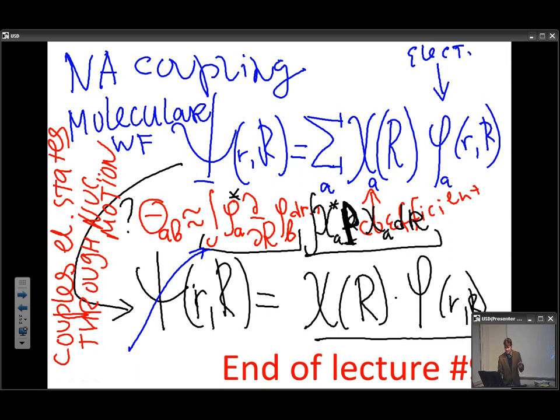Component one, that the electronic wave function is changing when we shift ions. And the second component, that ions actually do have kinetic energy. So the motion has been launched. So non-adiabatic coupling makes sense only for high temperature. If everything is frozen, then it is really negligible.